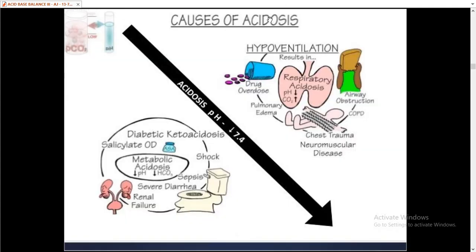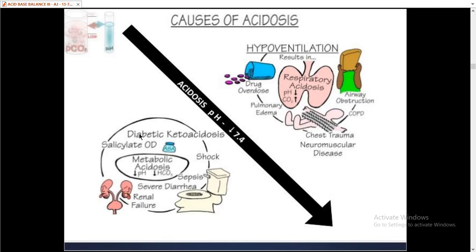So the causes of acidosis can be labeled when the pH falls below 7.4. In case of metabolic acidosis, the pH drops and the bicarbonate drops.